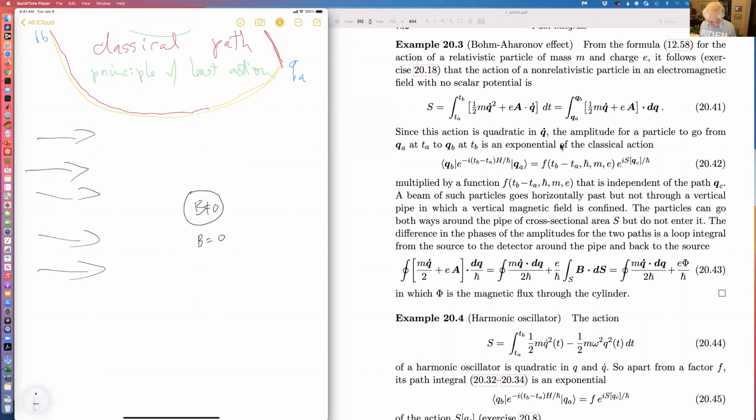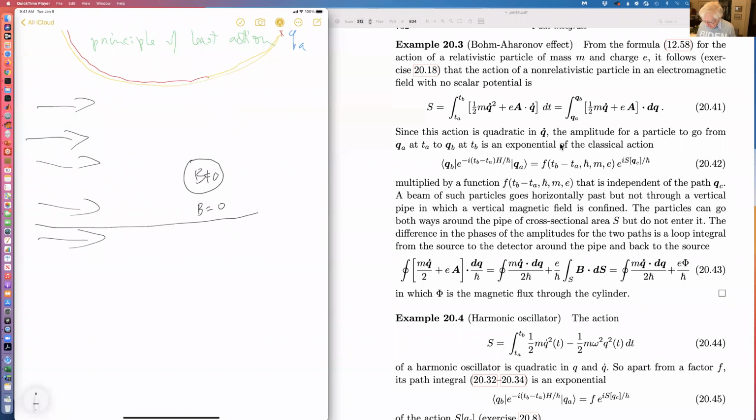In fact, that interferes. So in other words, the particles can go like this, or they can go like that, and so forth. And what is the action? Well, the action is given by this expression here, the kinetic energy, plus the vector potential dotted into the velocity times the electric charge. And q dot dt is just dq.